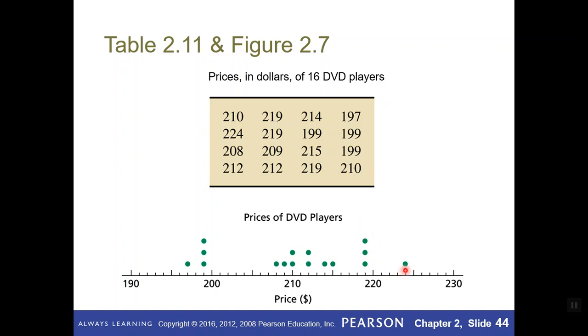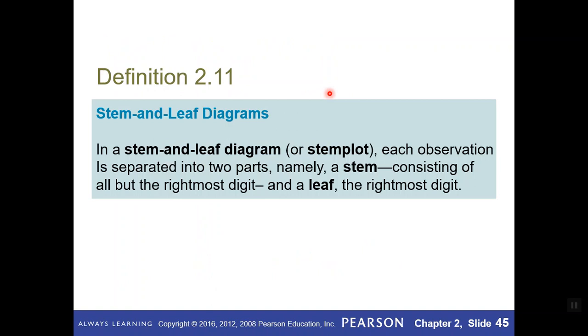If you count how many dots are here, 1, 2, 3, 4, 5, 6, 7, 8, 9, 10, 11, 12, 13, 14, 15, 16. There are 16. Okay, this is how we represent these dot plots.